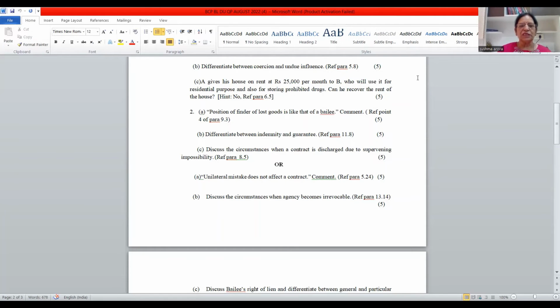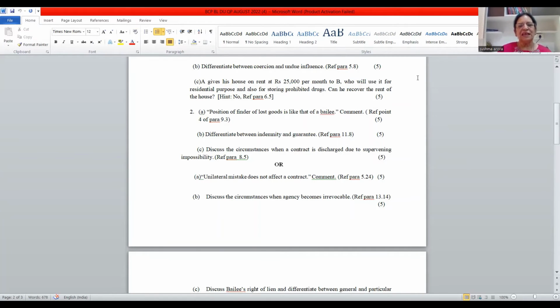Now, the choice question is, unilateral mistake does not affect a contract. Unilateral means the mistake is said to be unilateral when one of the parties to the contract is under mistake. If the mistake is bilateral, both the parties are under mistake, then the agreement is void.